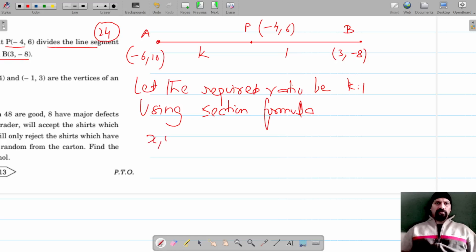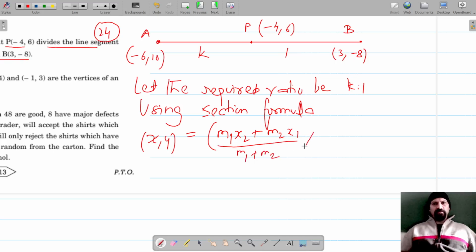The section formula says that the coordinates of the point which divides a line segment joining the points in the ratio m1 to m2 are: m1 x2 plus m2 x1 upon m1 plus m2 is the x coordinate, and m1 y2 plus m2 y1 upon m1 plus m2 is the y coordinate.